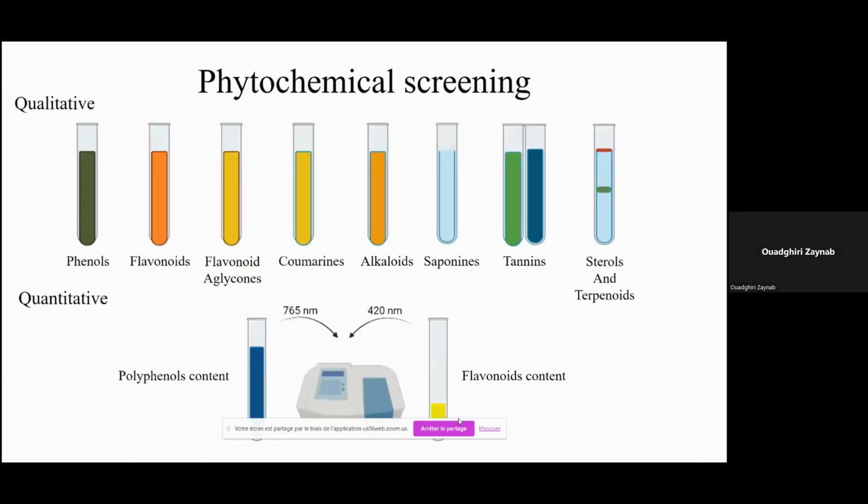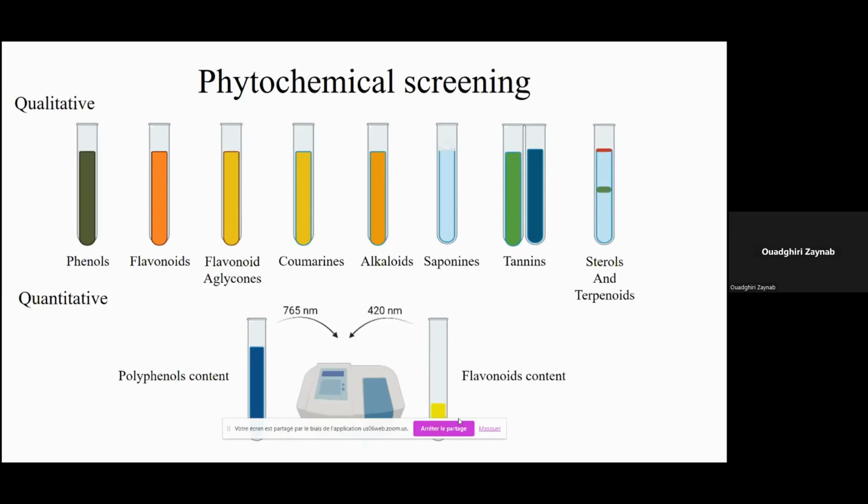Its phytochemical components were investigated using colorimetric assays and/or precipitation assays, in which we investigated the presence or absence of phenols, flavonoids, flavonoid aglycones, coumarins, alkaloids, saponins, tannins, sterols, and terpenoids. For example, we use ferric chloride to reveal the presence of phenols, which is spotted by a change in the color to dark blue. For flavonoids, we used sodium hydroxide, and the yellow color indicated the presence of this compound.